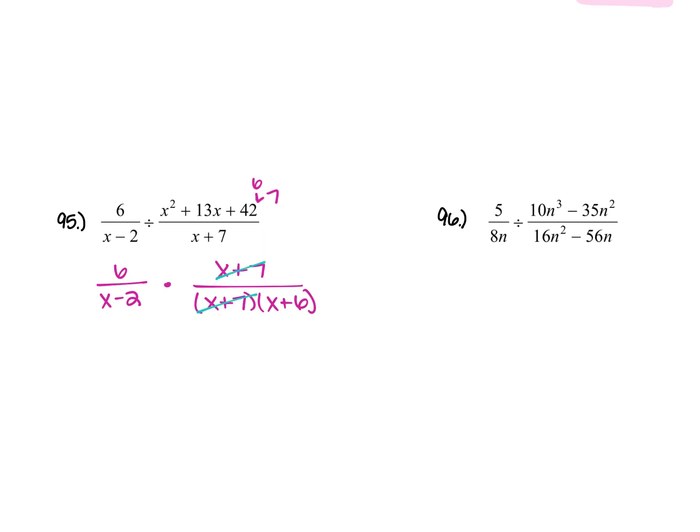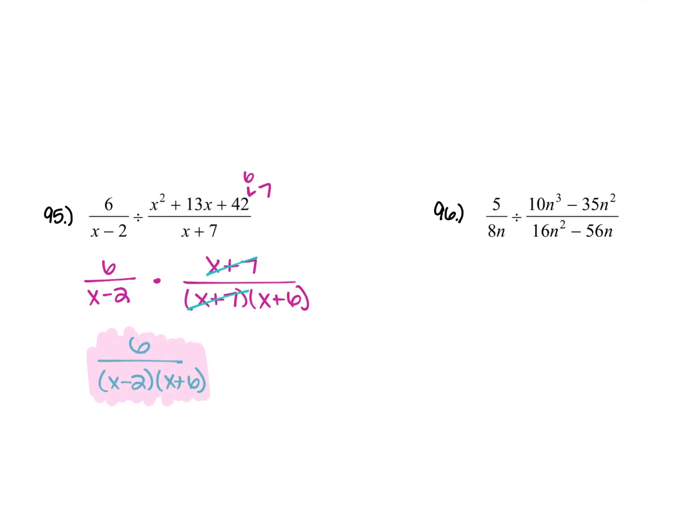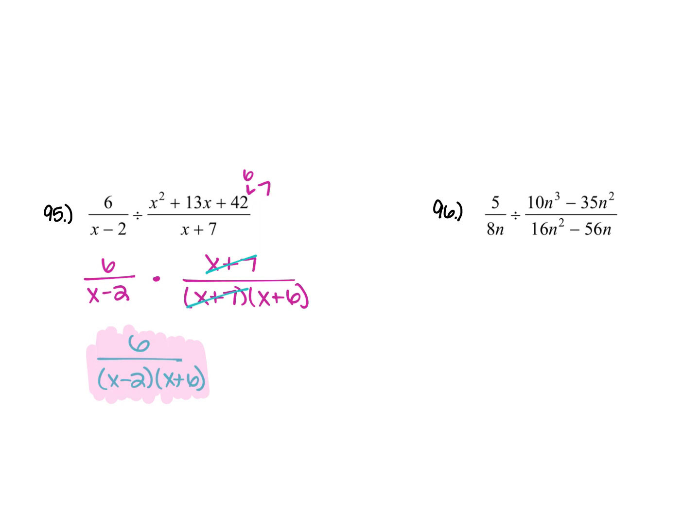Your x plus 7's cancel. From here, you're just going to have 6 over x minus 2 times x plus 6. Leave it in factored form. This is your answer.